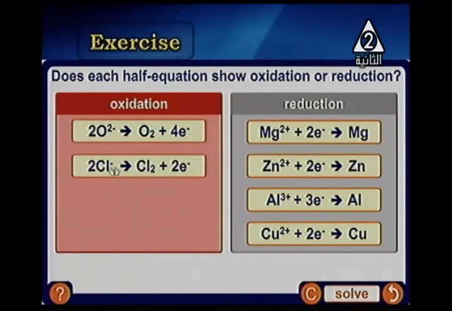Why? Because it changes into Cl2, a molecule of chlorine, and losing 2 electrons like this means oxidation. But here, the electrons are after the arrow, while here we have the electrons before the arrow, to make gaining of these electrons. Al positive 3, for example, gains 3 electrons and we have Al. It changes from positive 3 ion into the atom. So these are the oxidation and reduction reactions.